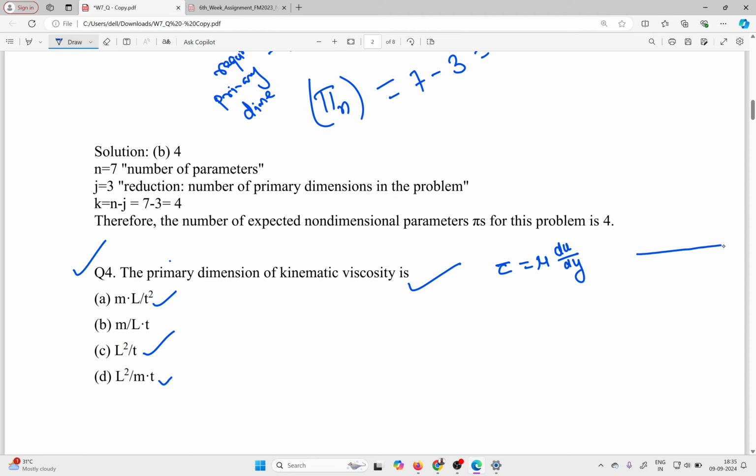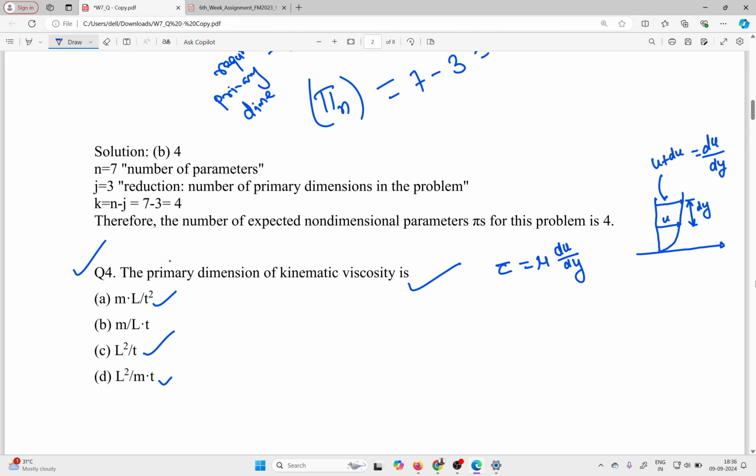So when water is flowing, the velocity gradient is like this: if here is u, here is u plus delta u, and this is delta y. How much does u increase? It increases by delta u when you go up by delta y. So this is the velocity gradient.